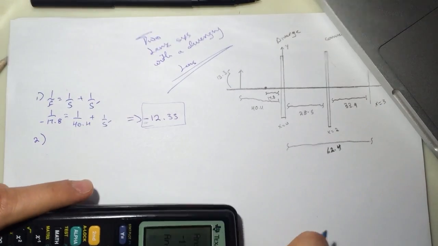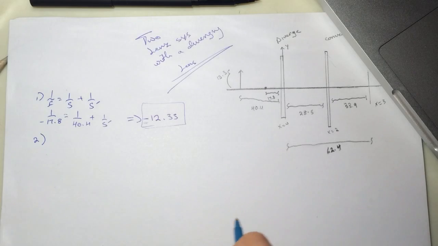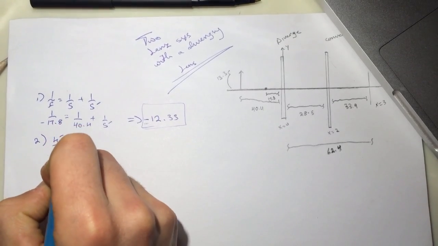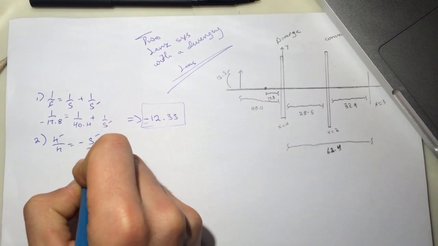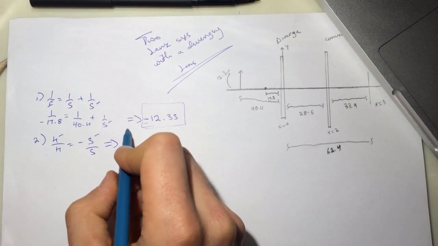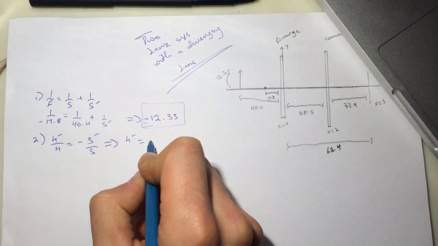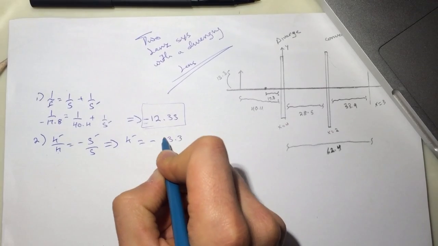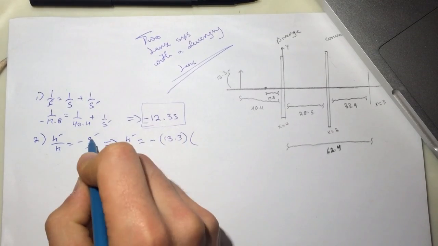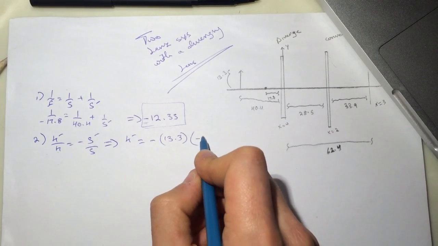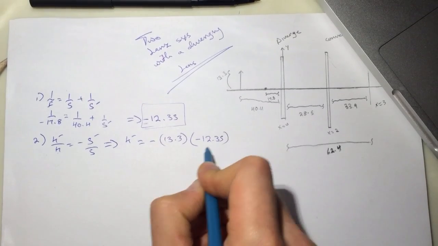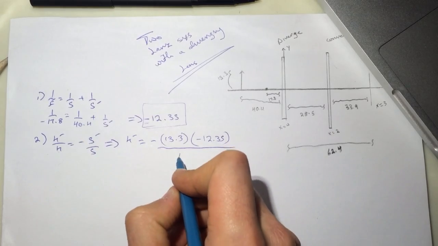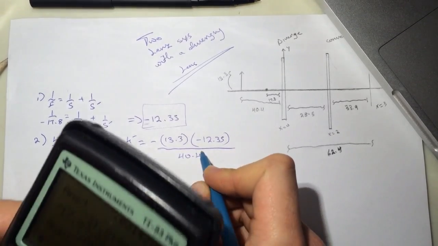So number 2, what is y1? The y coordinate. Okay, so let's do h prime over h equals minus s prime over s, and then we need to find h prime, which is minus the h they give to us, which is 3.3, times the s prime, negative 12.35, divided by the s, which is positive 40.4.